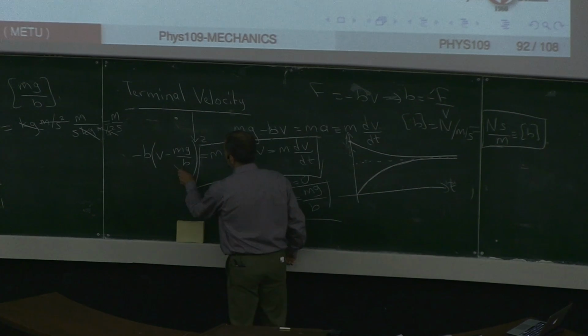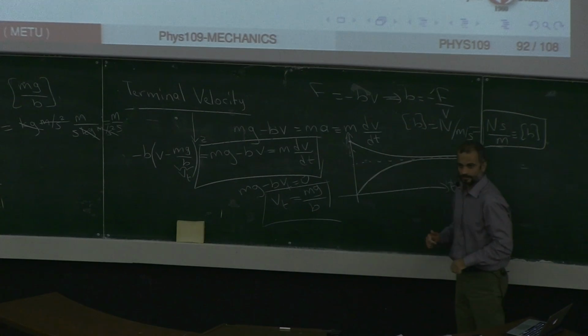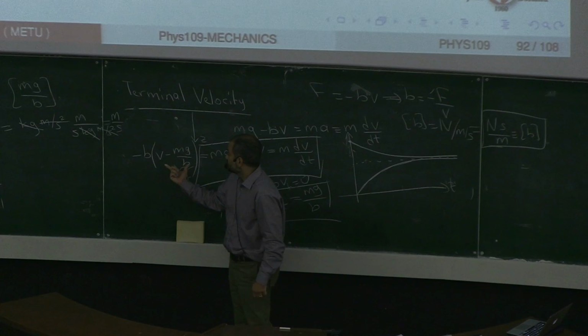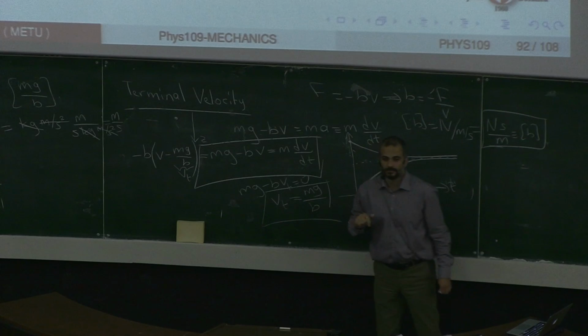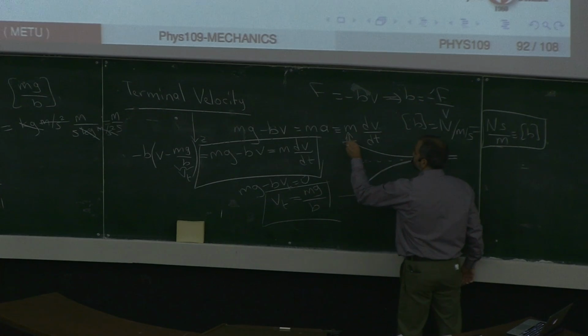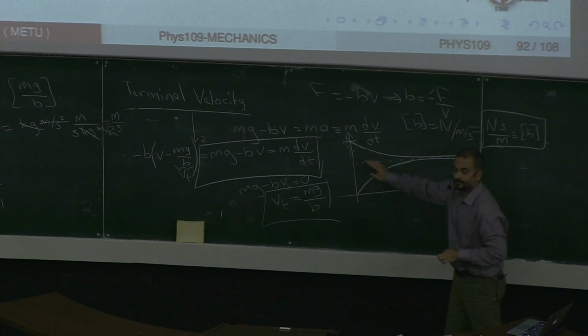So this is my terminal velocity, mg over b. Since the speed is larger than the terminal velocity, this number here is positive. I'm multiplying it with a negative number, so the acceleration is negative. So it is decreasing. I started here, so the speed is slowing down.